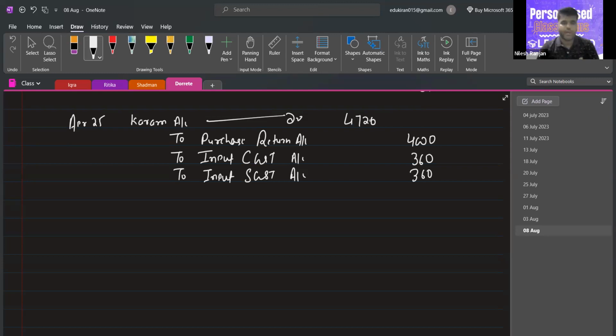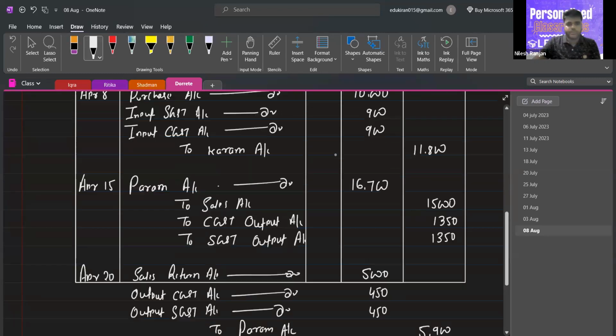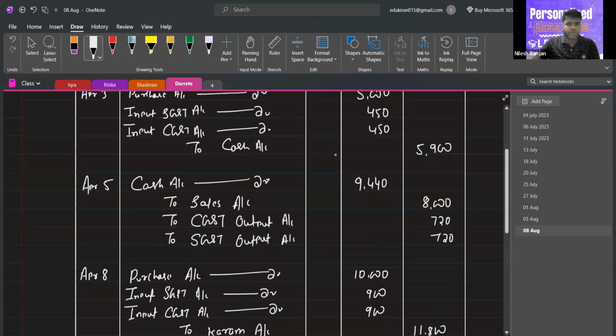Tell me, do you have any doubt in this question? When you say it, I can actually understand, but when I do it alone, it's very, very confusing. Yes, it is confusing. I know. GST is a little confusing for the students.